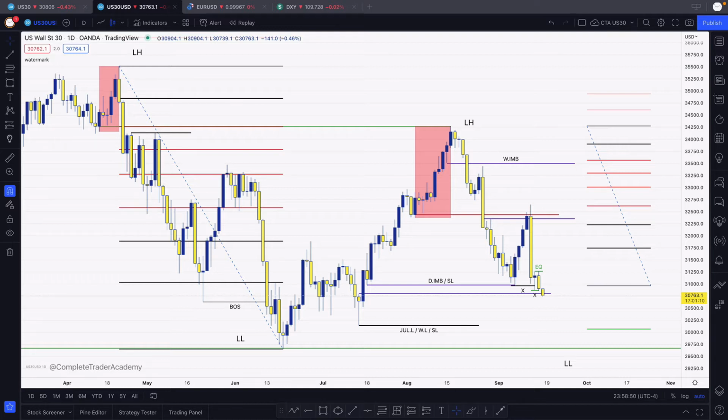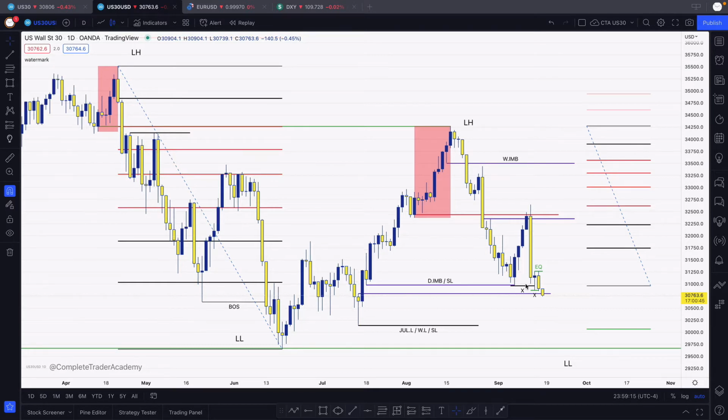And as you see here, pretty much what's happening is what we talked about in the last video. This is the daily chart. We had a breakdown. Our goal was to come into this imbalance, this daily imbalance in between this low candle and the high of this candle.